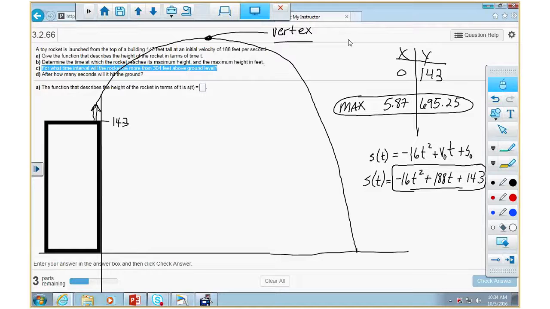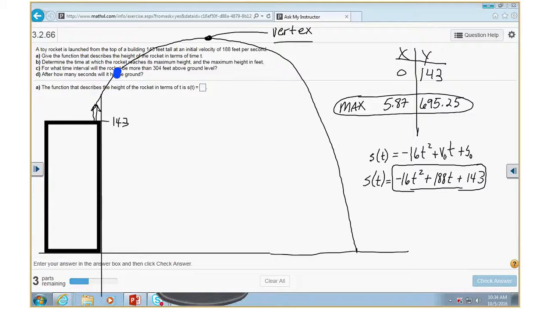What's it asking? I'm going to take my blue marker here. It's saying, for what time interval will the rocket be more than what? Where did it start? So where is 304? You know this is 700. So 304 will be somewhere in here.